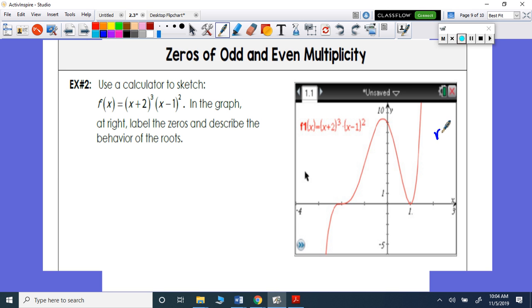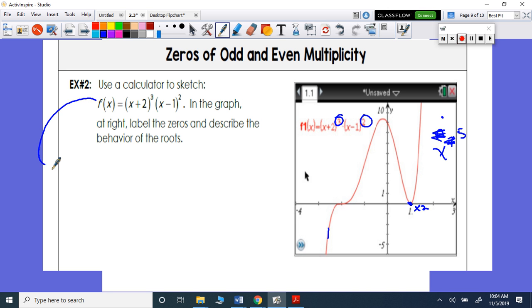So you would think that this is an x to the 4th polynomial, right? Because there's only 3 terms. But what the multiplicity shows us is when you cross the x-axis, that is one of your roots. But when you bounce off of it, that's 2 roots. So this is going to be a degree 5. 3 plus 2. It's going to be a degree 5.